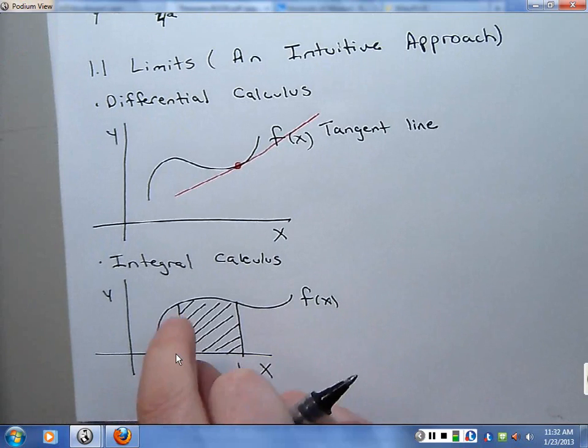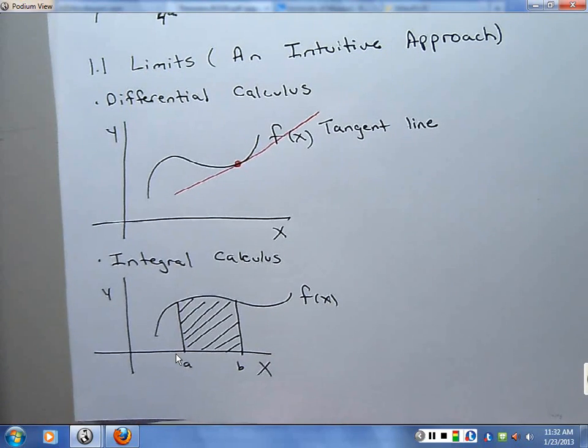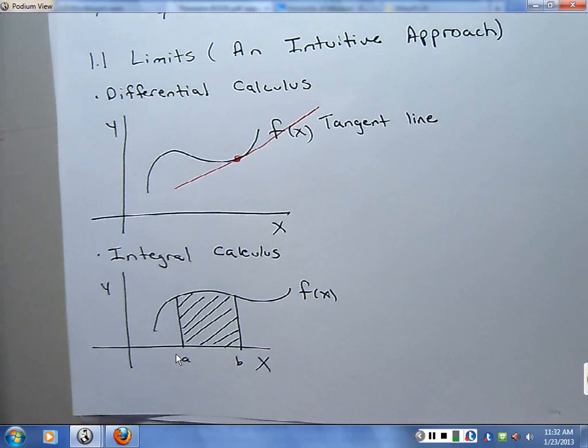So we'll spend the majority of the time on differential calculus, but we will get into integral calculus. And integral calculus can be beneficial to find total distance traveled. If I integrate a position over time curve, I can find the total distance I traveled from time equals 1 to time equals 5. A lot of the applications are more physics and engineering based, but there are some in biology and chemistry.